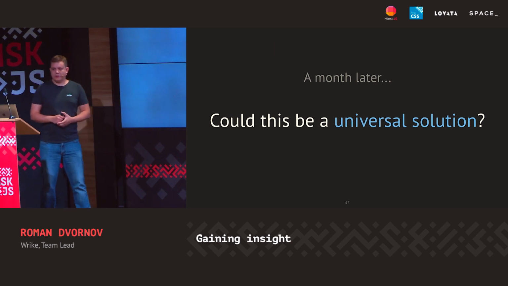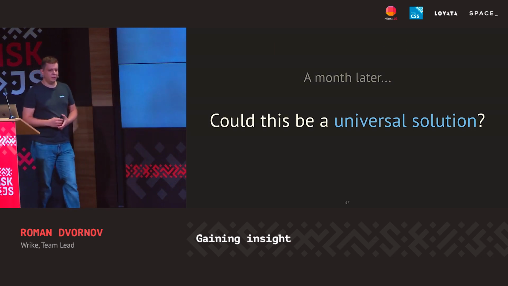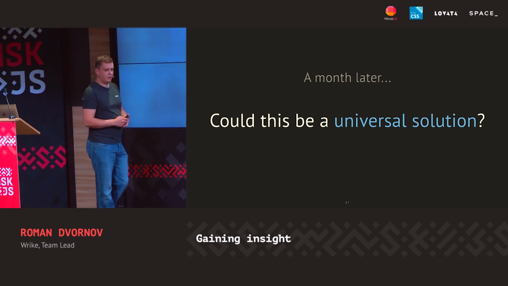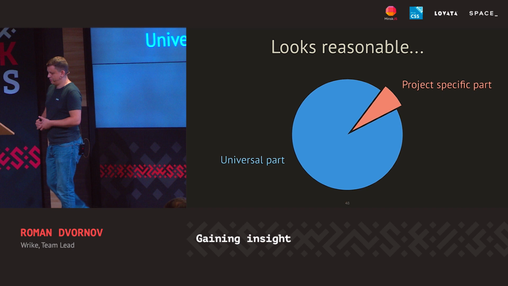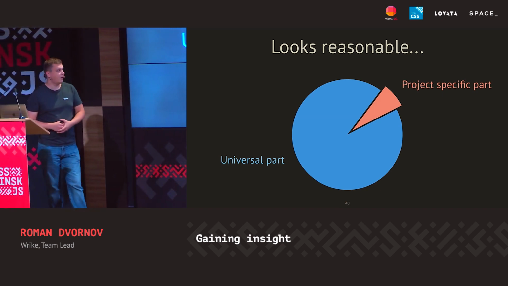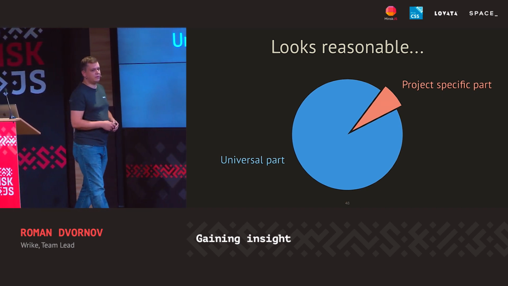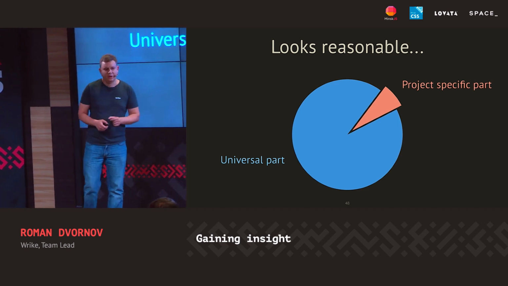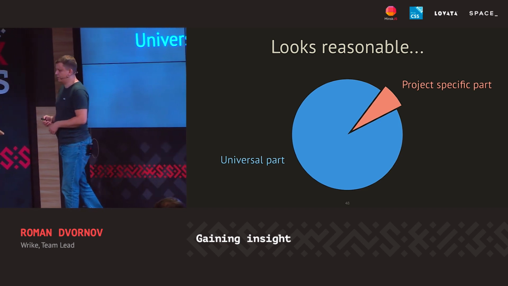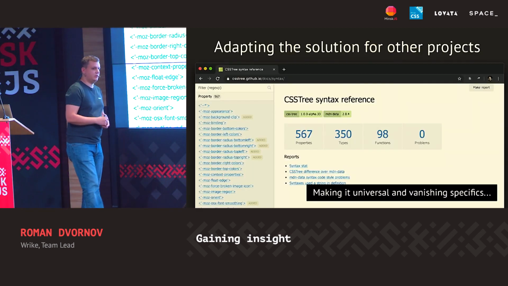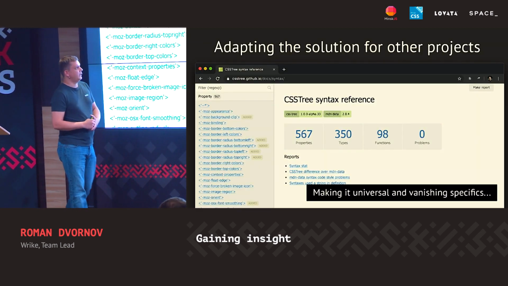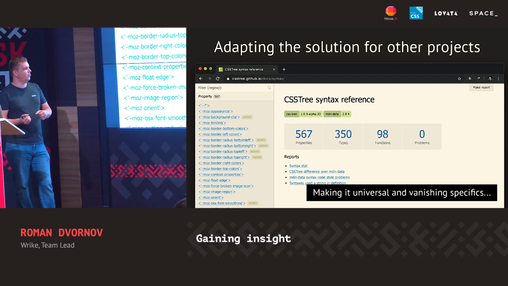A month later, I thought, could this solution be universal? And when I looked at the solution, I saw that the project-specific part is too small, and we can remove it and reuse it for other projects. So I adapted this solution for some personal projects.